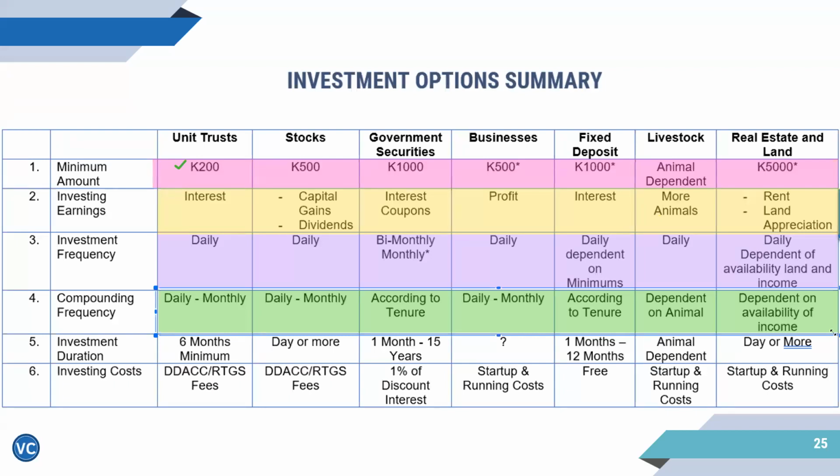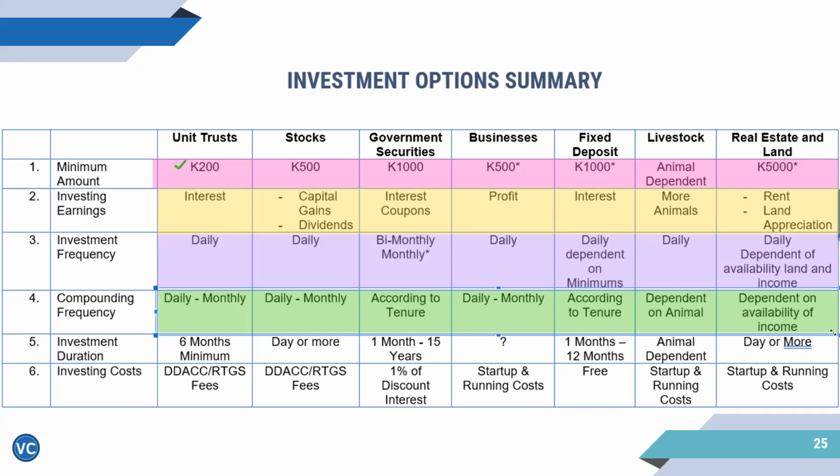Another thing you also need to take into consideration is the investment duration. With unit trusts, they say you should lock up your money for at least 6 months before you start making withdrawals. With stocks, you can even withdraw the following day. You buy stocks today, and after the 3 working days have elapsed, you can now sell your shares again.